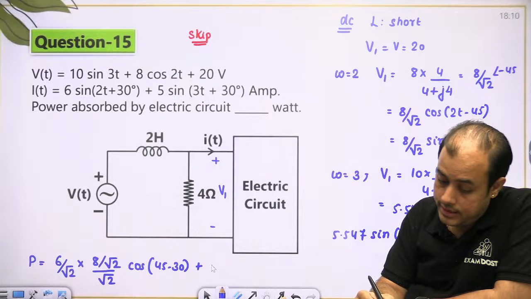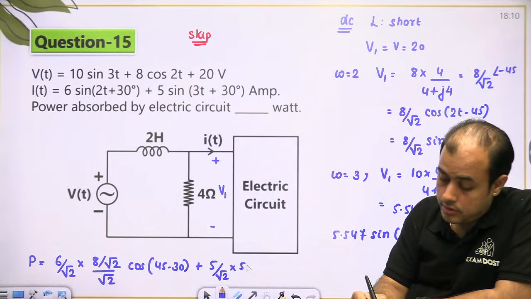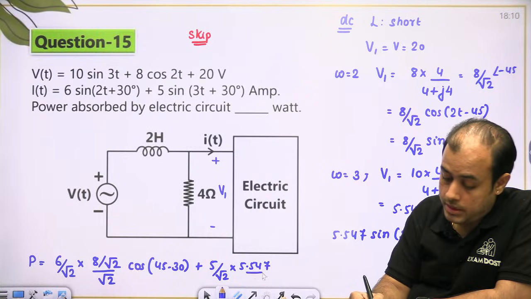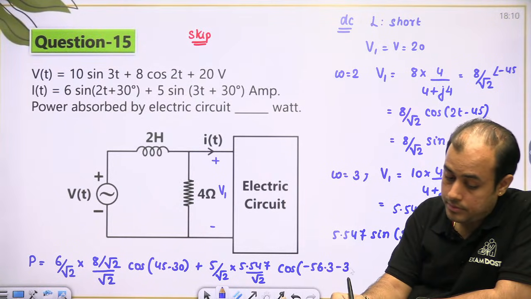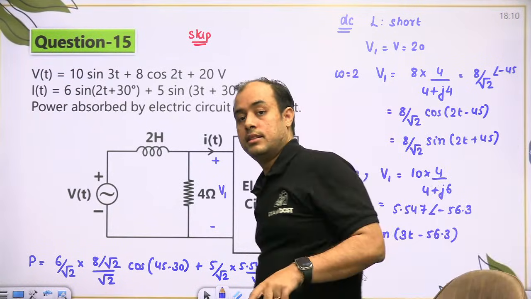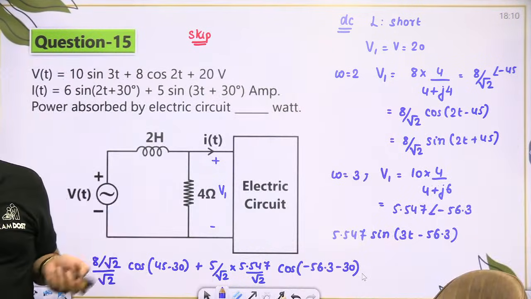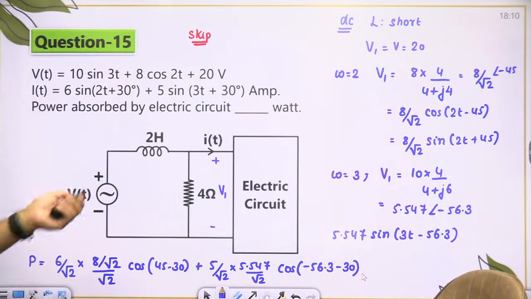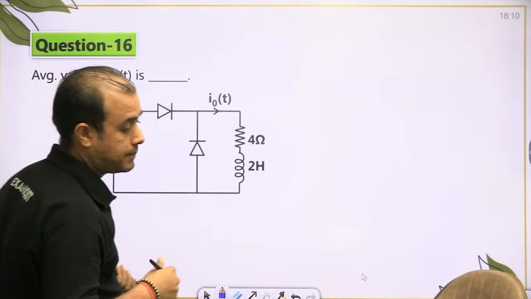For sin 3t, 5 by root 2, 5.547 by root 2. Angle of current is 30, voltage is minus 56.3. Okay, like this it will be done. Understood the logic? So you have to find the circuit voltage for each frequency one by one.